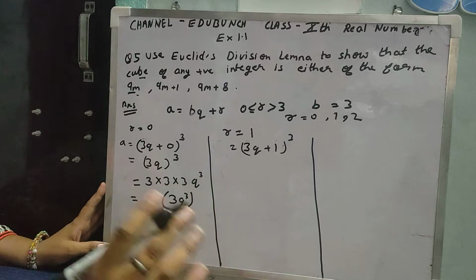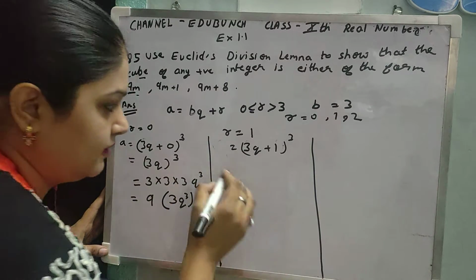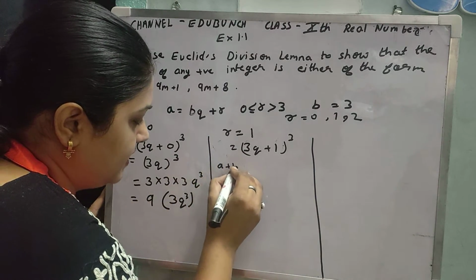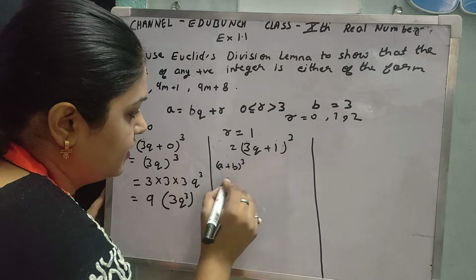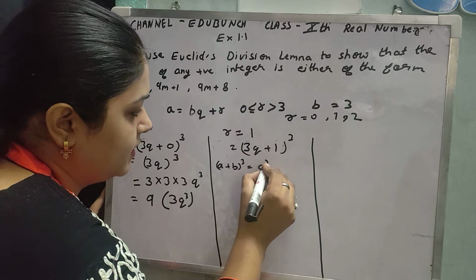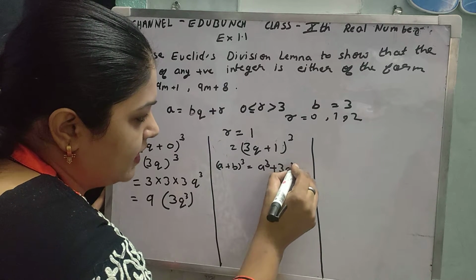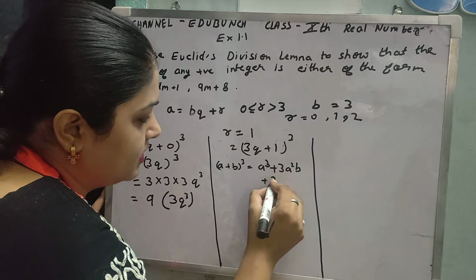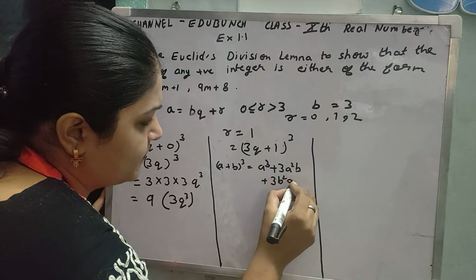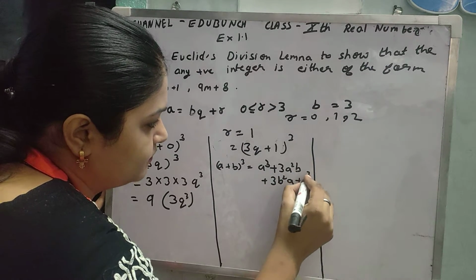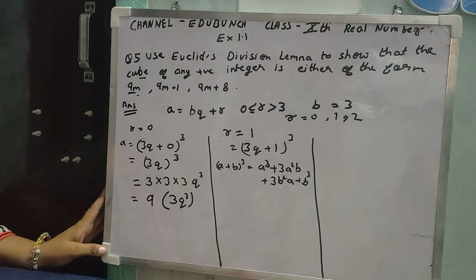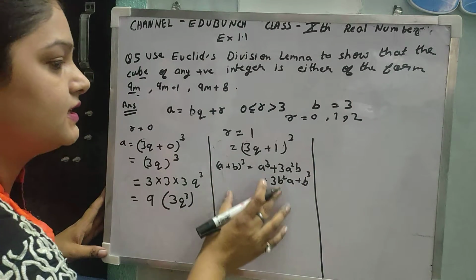Firstly we remember the formula before solving anything: a plus b whole cube is equal to a cube plus 3a square b plus 3b square a plus b cube. We should remember this formula before doing this sum.